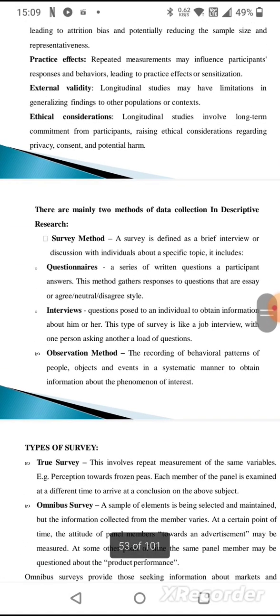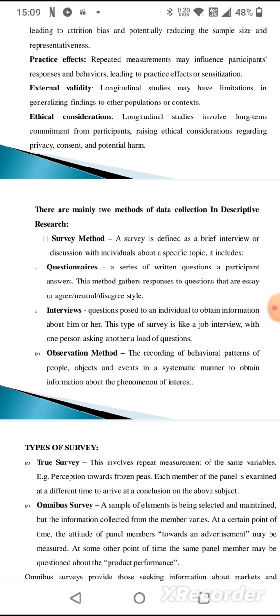Next, let us move on to the methods of descriptive research. What are the different methods? First is the survey method, wherein you take a survey or brief interview or discussion with individuals about a specific topic.